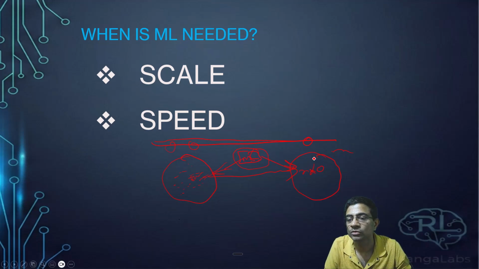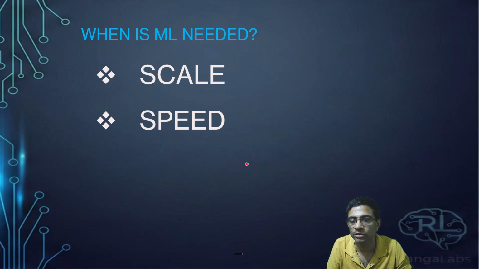So speed wise, once you have the machine learning, it becomes very fast. In programming, you have this a and b, you will get c. But if you give a different input here, the programming will fail because it doesn't know where to go, right?